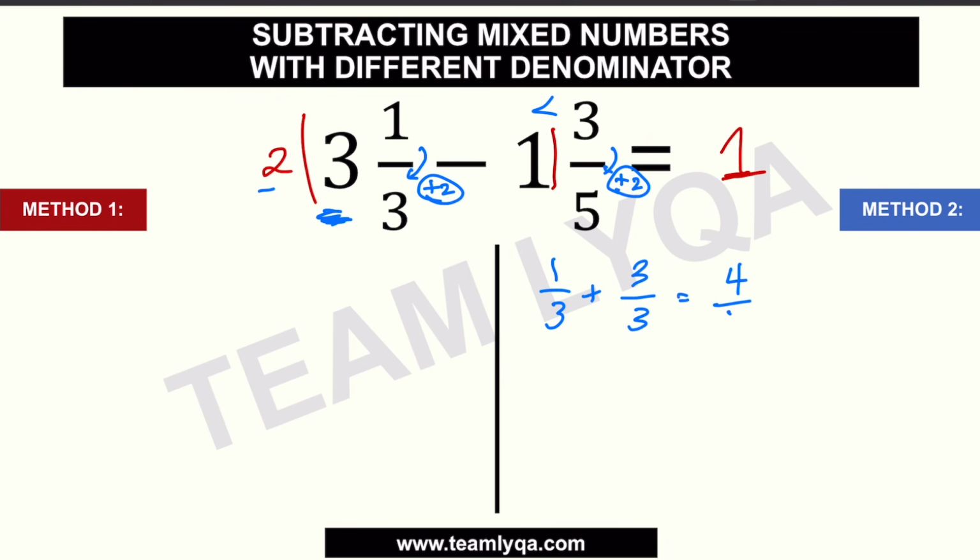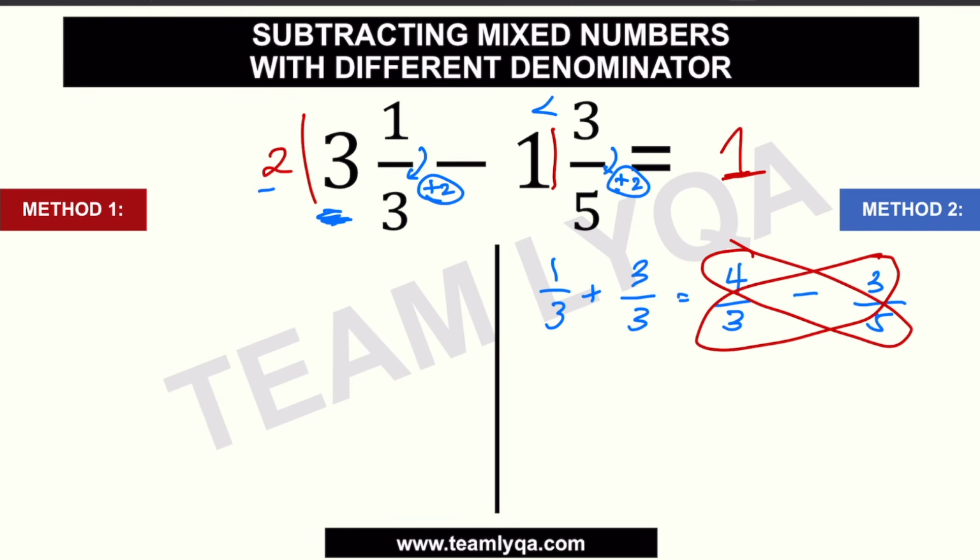Magiging 4/3 siya. At dito ko ngayon ibabawas yung 3/5. Okay? Now again, dahil maliliit naman yung numbers, madali nang i-butterfly yan. So, you have 4 times 5, 20. 3 times 3, 9. Babawas lang natin siya dyan. This is 11 over 3 times 5, which is 15. So, my answer is 1 and 11 over 15.